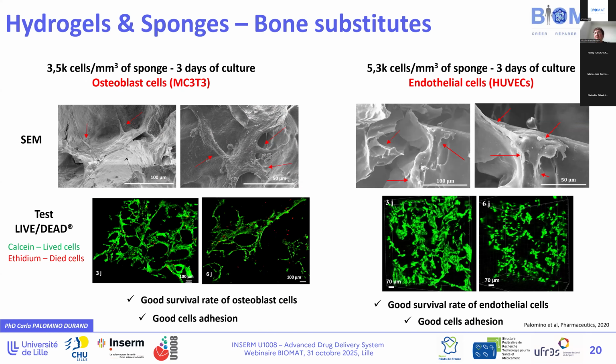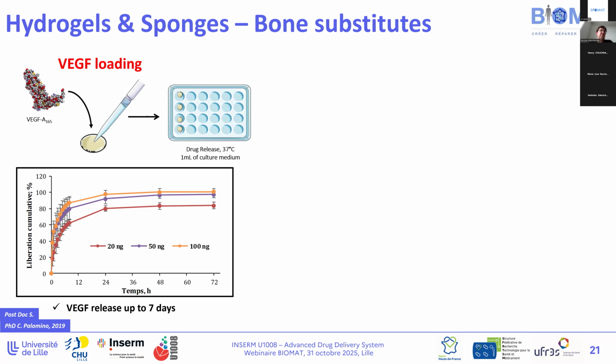We did exactly the same with endothelial cells, and we obtained the same result, with good adhesion and good survival of endothelial cells. In order to improve this result, we load the sponge with VEGF, and we evaluate the release profile of VEGF.